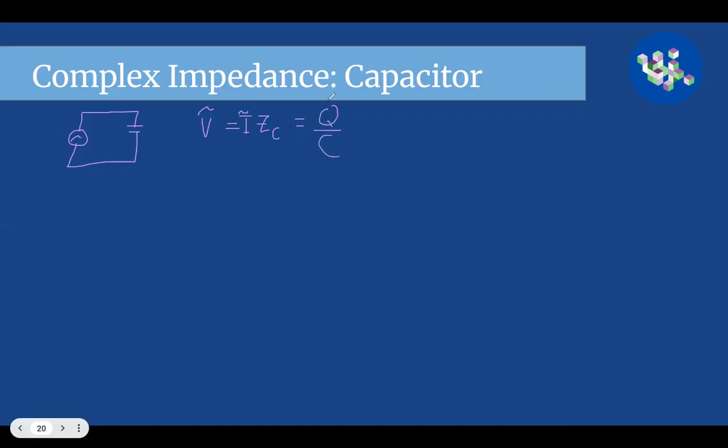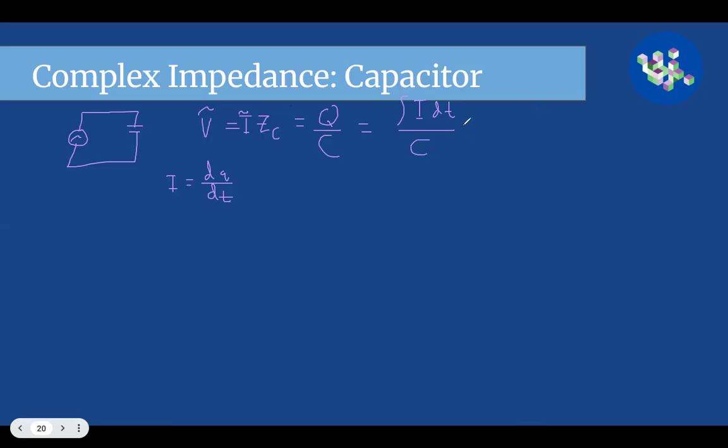How do I express Q as a function of current? I want to find Q in terms of current, right? Well, current is just I equals dq over dt. So if I want to find the charge, I just integrate the current over time. So this equals the integral of I dt, divided by the capacitance.